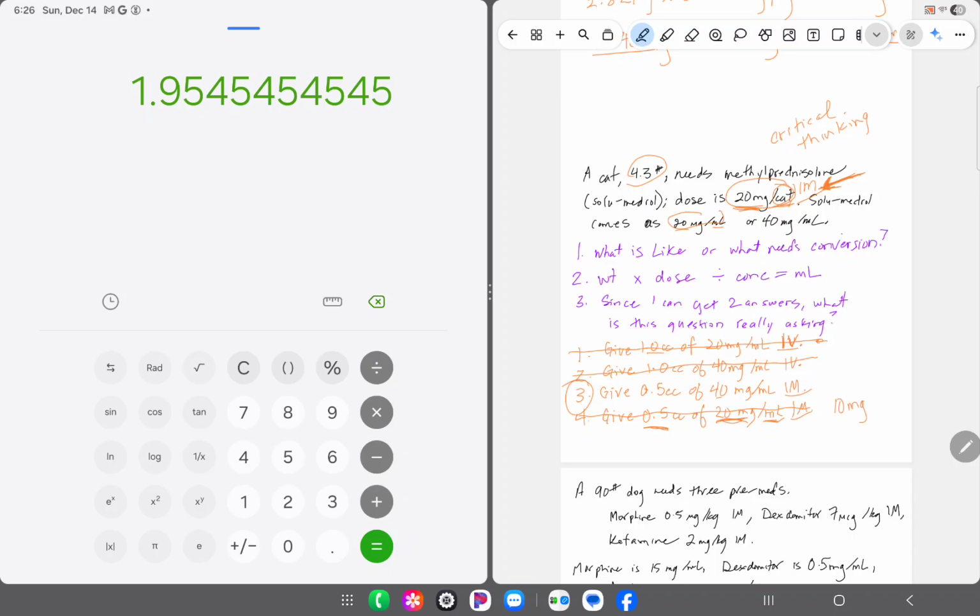They might also do this in cattle. They'll say each cow needs 400 milligrams per cow of this drug. Okay, that's fine. Per cow or per cat means the weight of that particular animal is no longer an issue. We don't care.